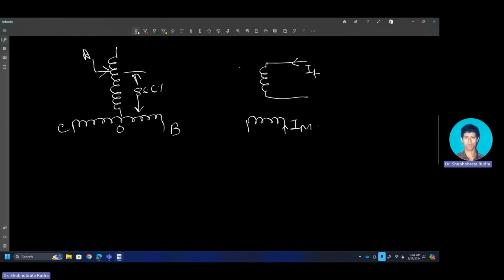From this teaser, what will you get? From this teaser, IA will become IT dash, where IT dash is the reflected current of the teaser winding. For analyzing this, the easiest method is to go by phasor diagram.